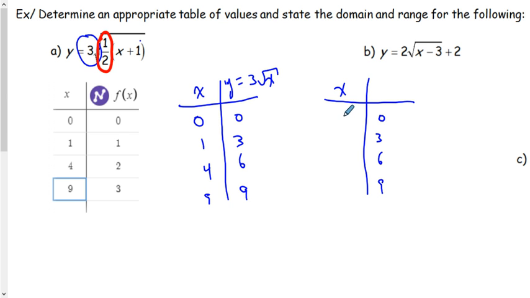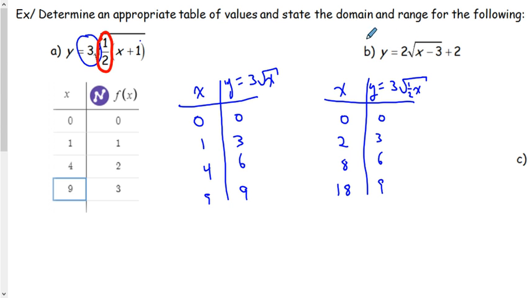Now I'm going to multiply my x values by 2. 2 times 0 is 0. 1 times 2 is 2, and then 8, and then 18. And so this is y equals 3 root 1/2 x. I've done 2 of my transformations.